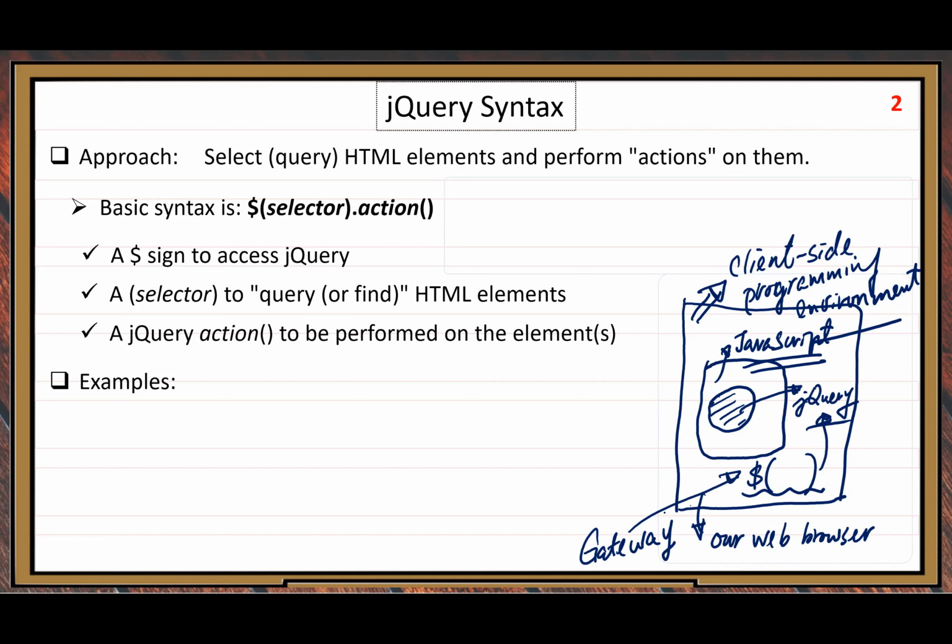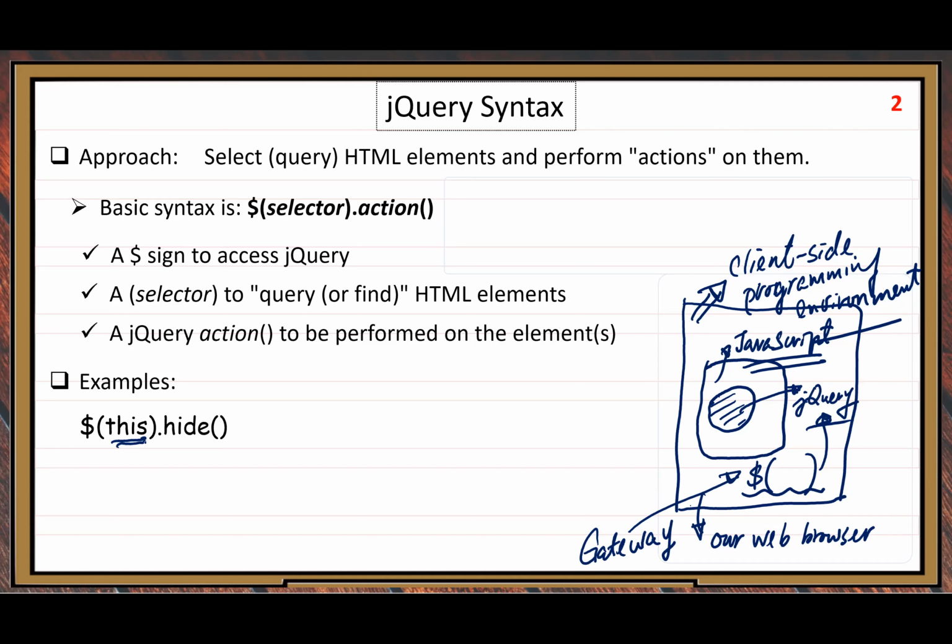In the first example, dollar parenthesis, this special keyword. We know the meaning of this in Java, in C++, and even in plain JavaScript: it refers to the object of the current element, the current element we work on.